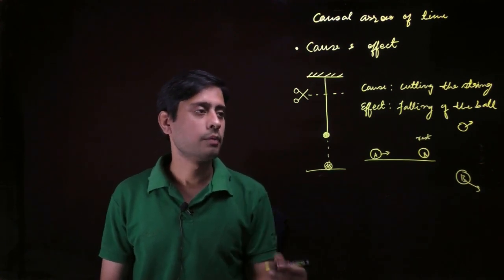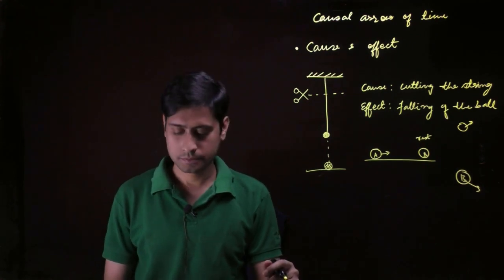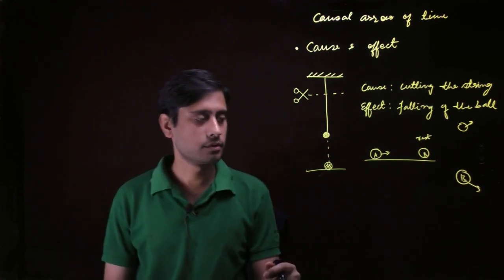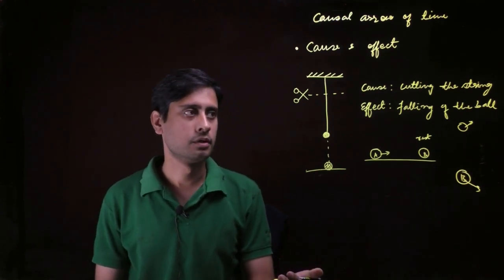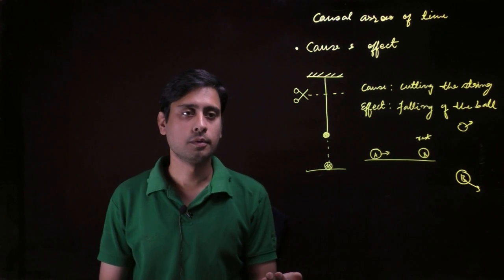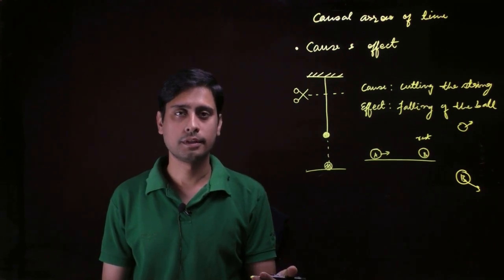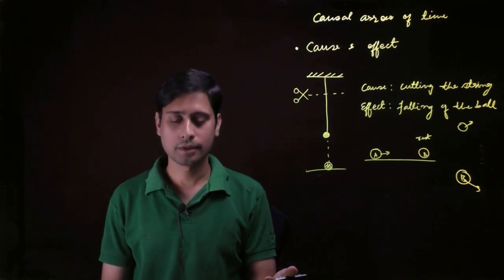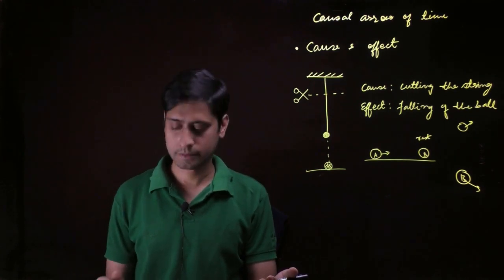So there can be many examples. We turn on the switch and the bulb is switched on. Like if we consume more amount of salt, then the blood pressure may increase. So taking more amount of salt is like the cause, and its effect is the increase in the blood pressure. It not necessarily be any time, but sometimes.